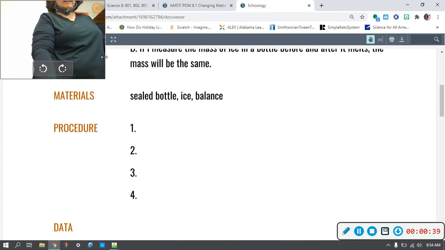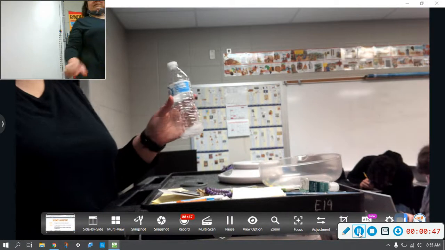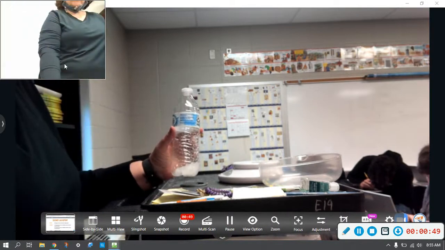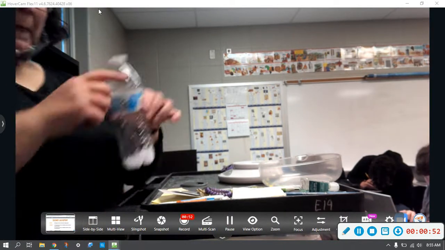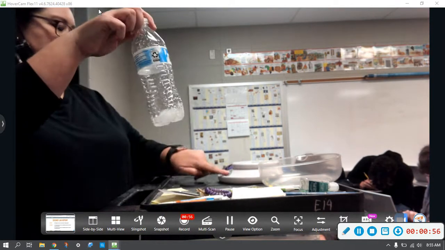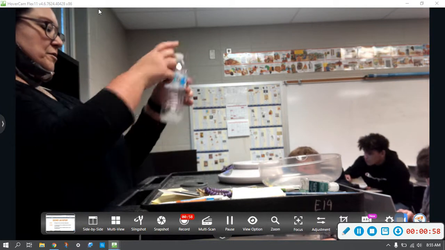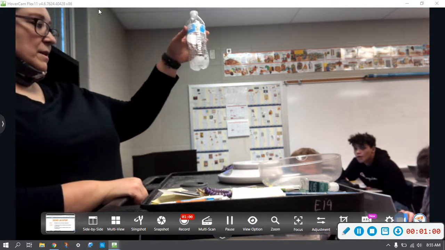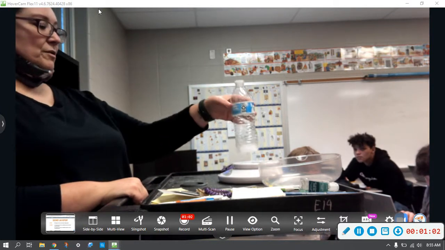Okay, now let's go through it. I have this bottle, and it has ice in it. I'm going to measure the mass of the bottle with the ice.